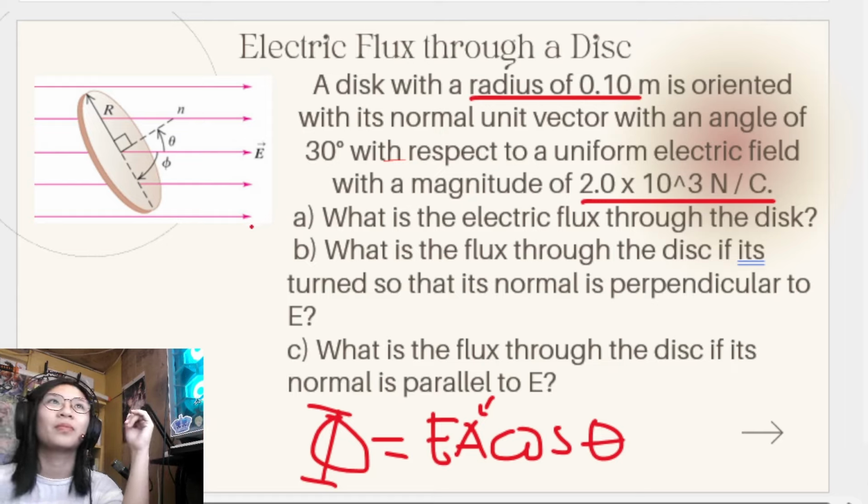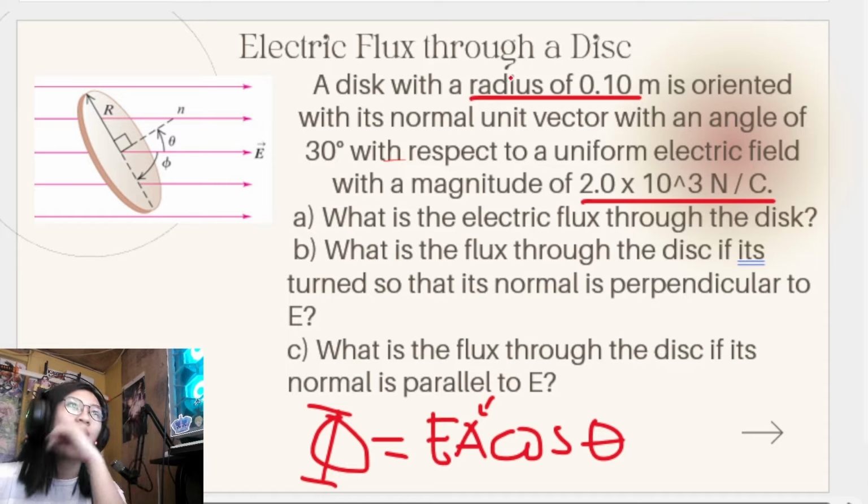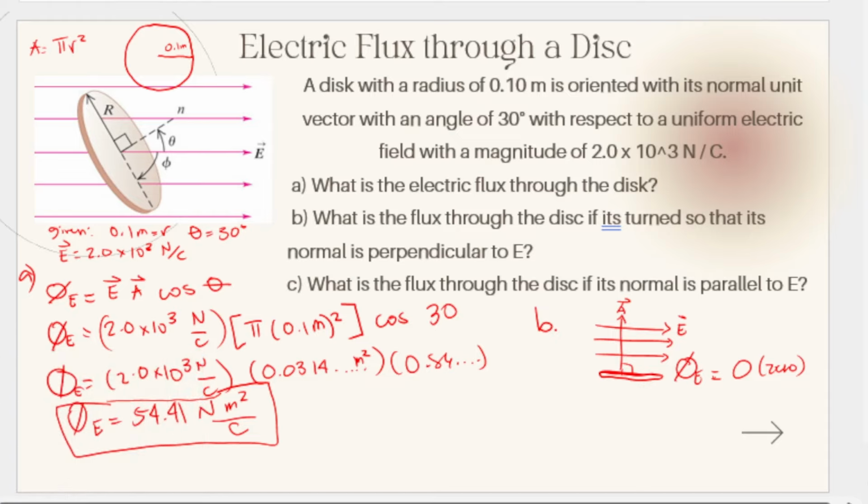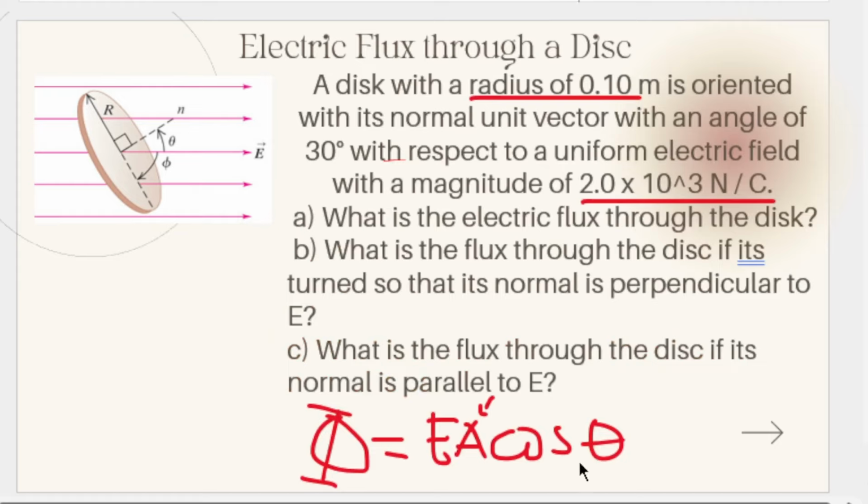Now the disc is a circle, right? So it has an area of pi r squared. So as you can see, pi r squared. What is given to us here is just the radius.